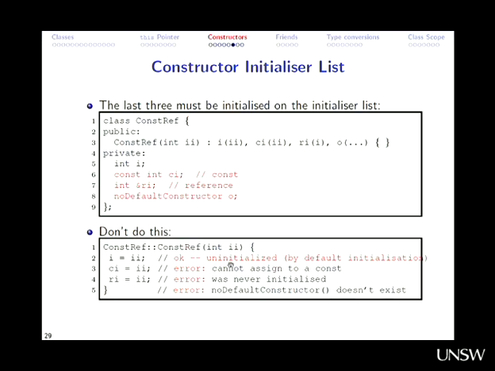Down here it's not. ri, our int reference, cannot be initialized here, it has to be initialized on the initializer list. And our thing with no default constructor doesn't exist. So this bottom constructor just will not work. It's full of problems, even though that bottom constructor looks very similar to what you would have done in Java before. So be aware of that.